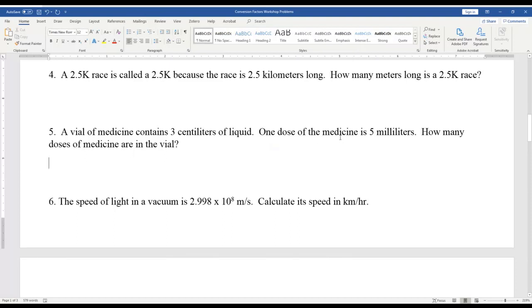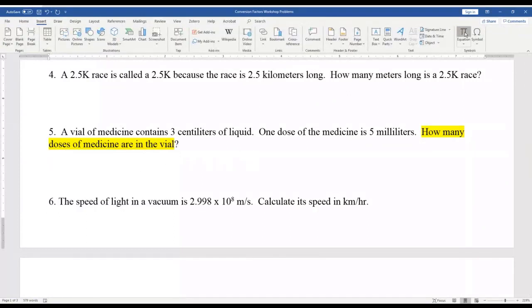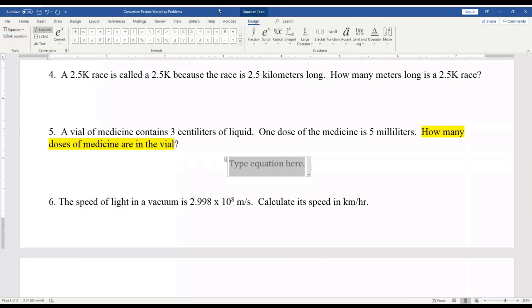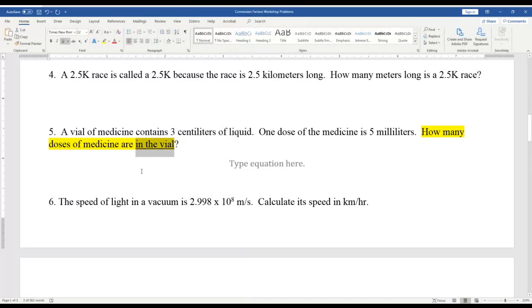So in this case, the question is asking how many doses of medicine are in the vial. Okay? If that's the case, what am I going to start with? What value? 3 centiliters. Absolutely. Because I'm looking for the medicine in the vial. So what do I start with?